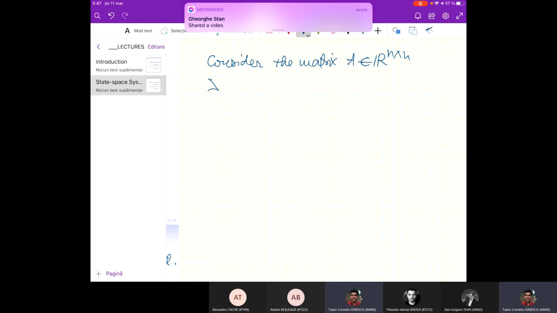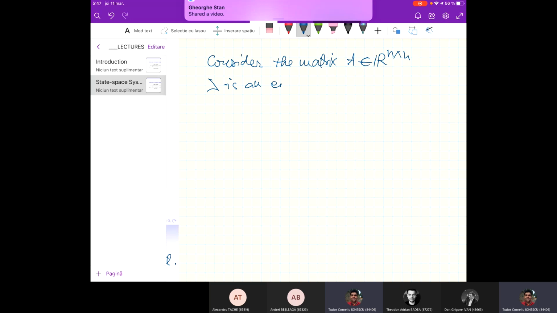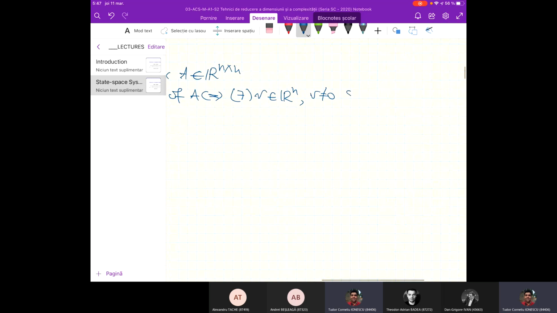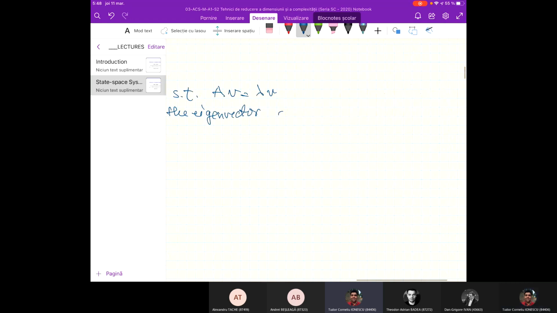Lambda is an eigenvalue of A, eigen meaning own value, valoare proprie in Romanian, if and only if there exists a vector v in R^n, v non-zero, such that Av equals lambda v. v is the eigenvector of the eigenvalue lambda. Do you remember these notions?